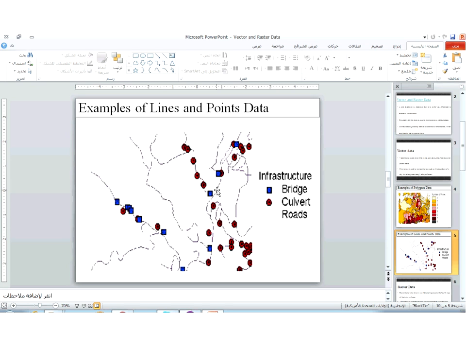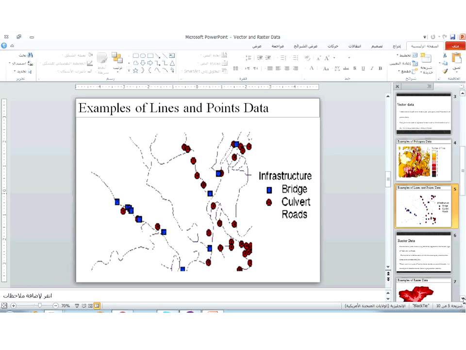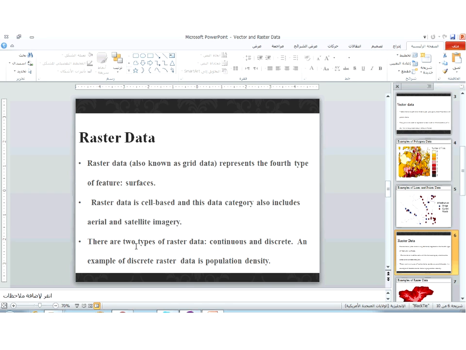Irregular because the surface in reality is not the same. Some surfaces you find high, like mountains, or low, like a lake, and this model is used to represent the surface in vector data models. We go to the next type of data model, which is called the raster data model.